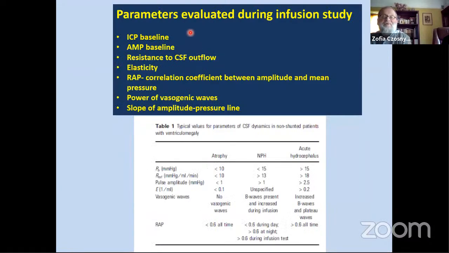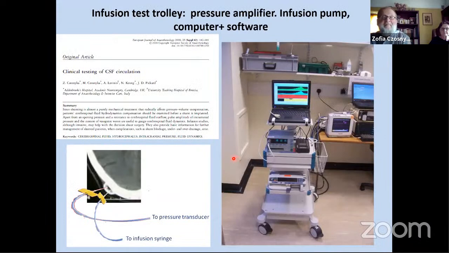So what we measure during an infusion study: ICP baseline, amplitude baseline, resistance to CSF outflow, elasticity, and RAP. The rest of the parameters are maybe not that important.